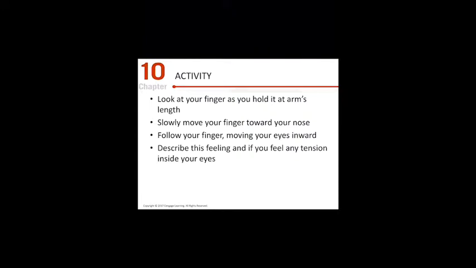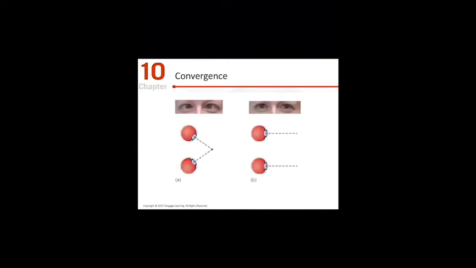You can actually feel the shape of the lens changing as you are focusing on something that's a little bit further from you. And then, of course, this is an example of convergence where you're moving inward. Here, the object is right here, and you can feel your eyes sort of crossing inward, versus looking straight out at an object that's, for example, over here.